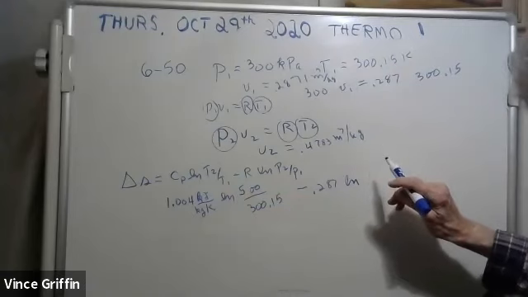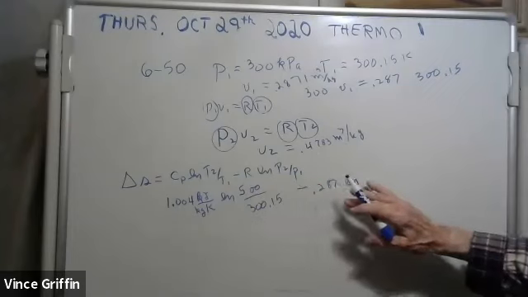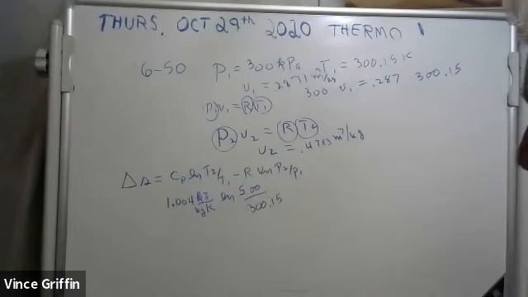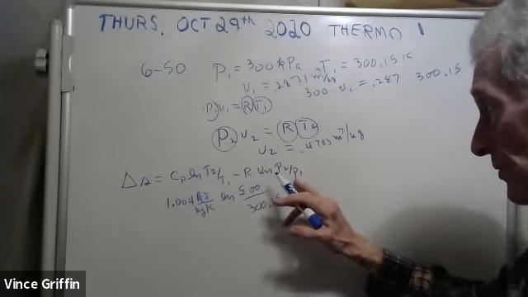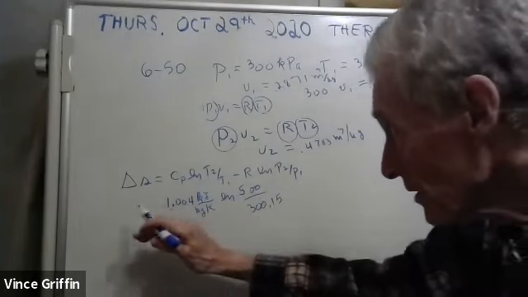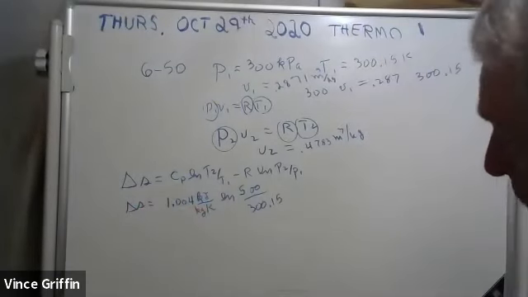P2 is, well, they're the same. It's an isobar. Never mind. All of that stuff disappears, doesn't it? Do you understand? P2 and P1 are the same on an isobar. Natural log of 1 is 0. And you're done. So delta S is equal to, do it for me.